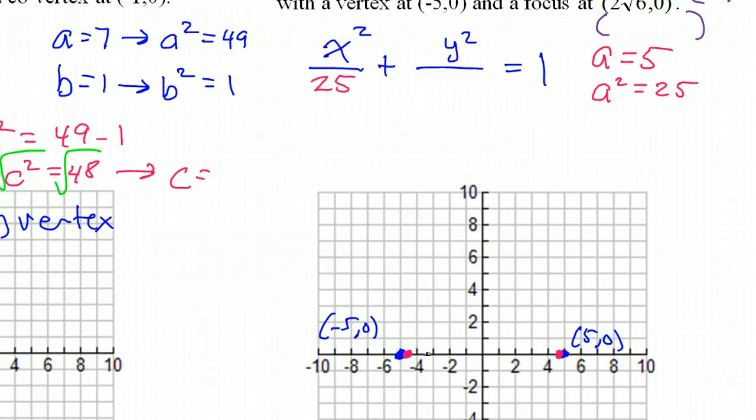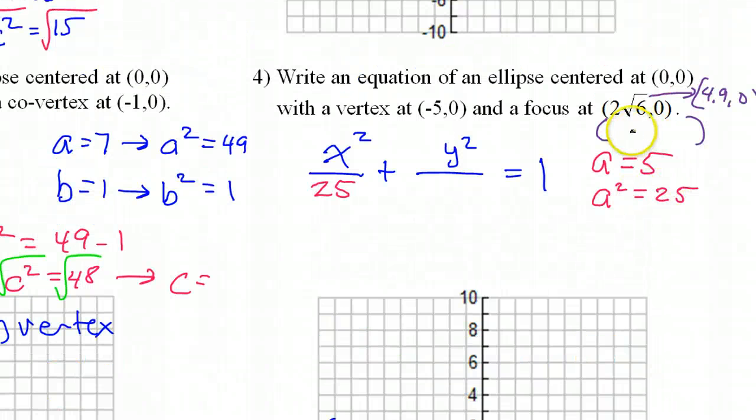All right, when they give us the focus, they're giving us a c value. So right there they're telling us, look, c is equal to 2 radical 6. Kabam. But we are going to need c squared. So we need to do 2 radical 6 squared.